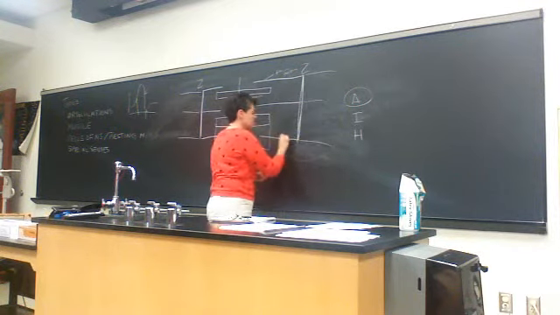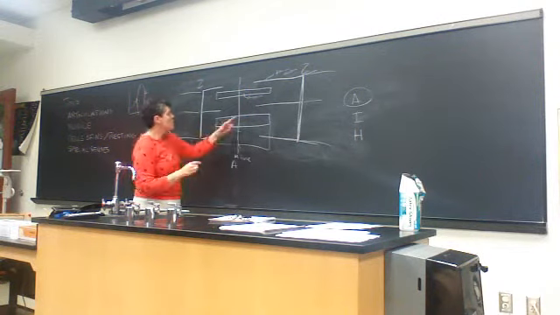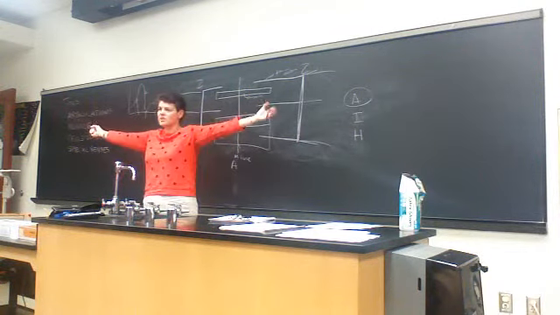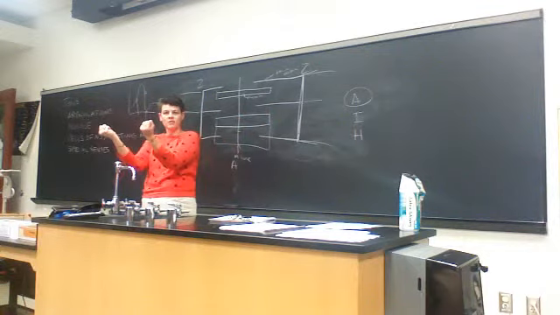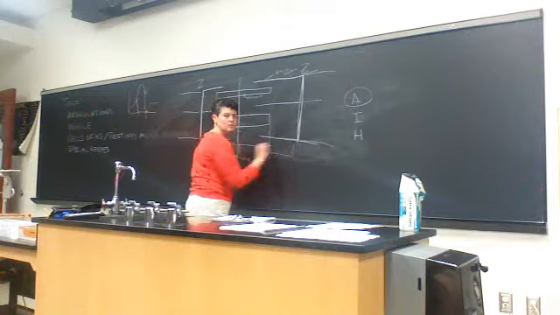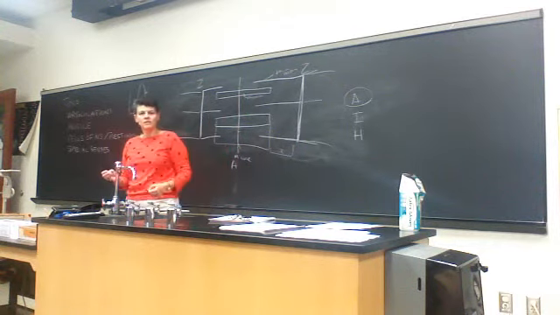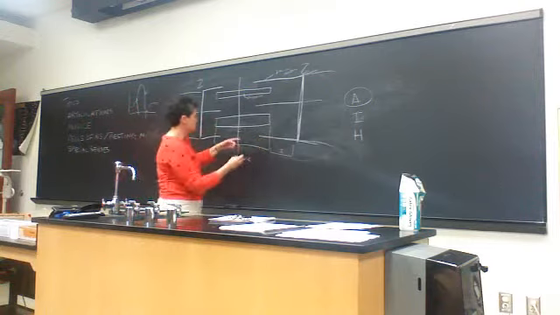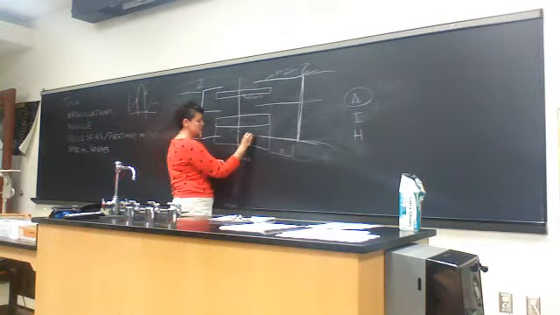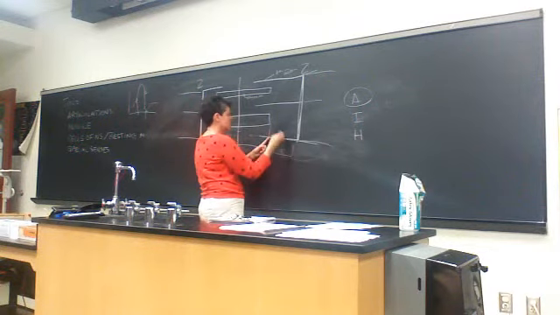Then you've got sarcomeres on the other side, right? What letter does this look like? I. Okay? When the myosin grabs the thin filament and pulls it to the center, this distance is going to get shorter. So that I band will shrink, because this thin filament is going to move towards the center, pulling the Z line towards the center.